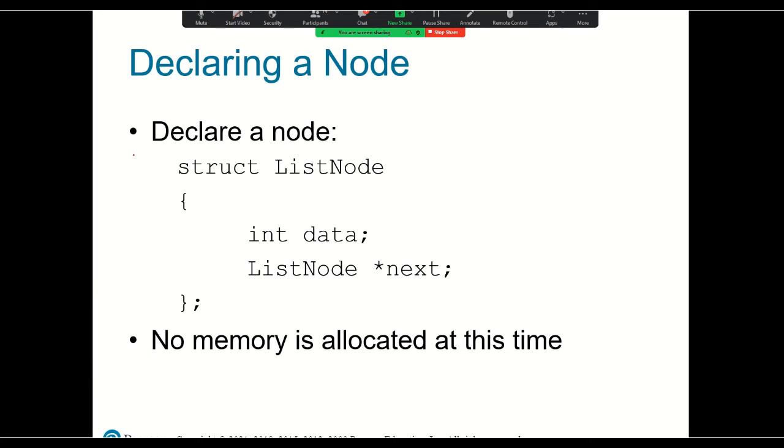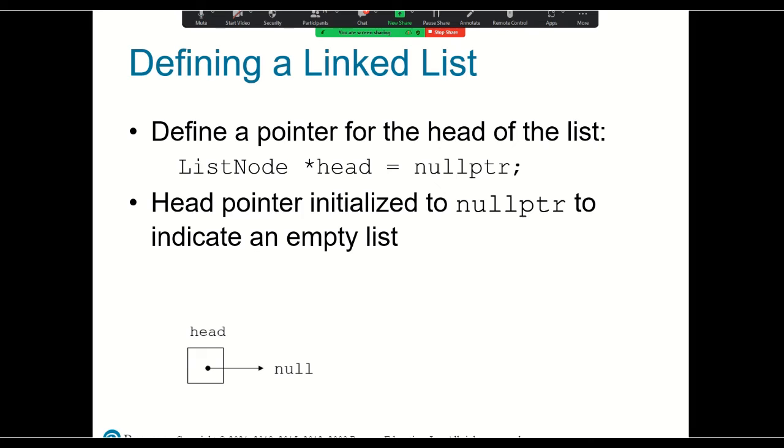You can declare a node in this way. That's what we have done. And no memory is allocated anywhere at this time. Then you define the linked list. So it's the same way we did that. Let me open up this.